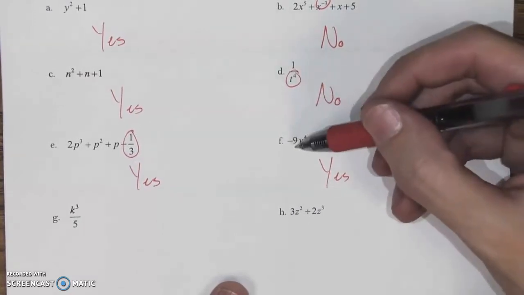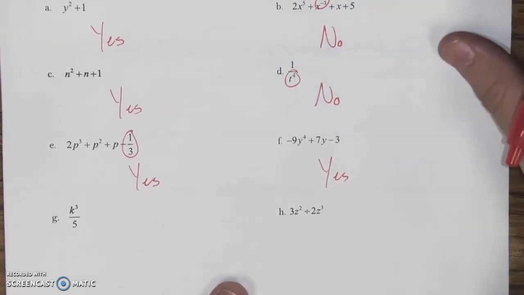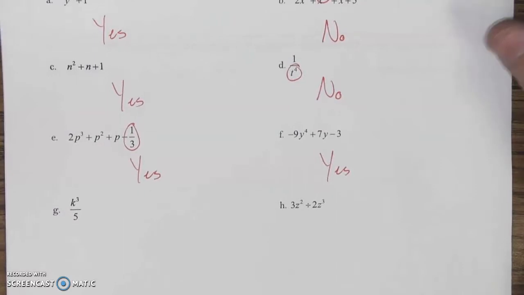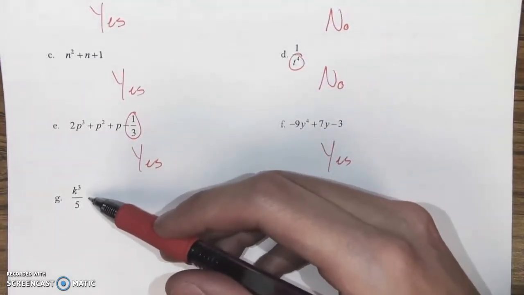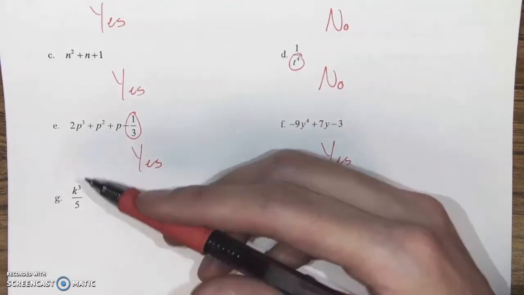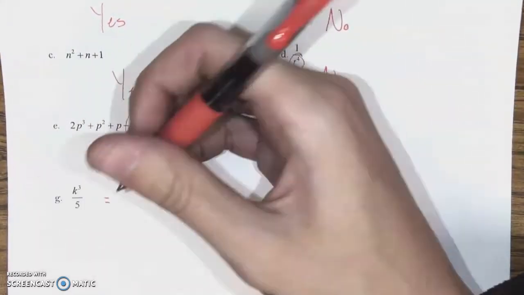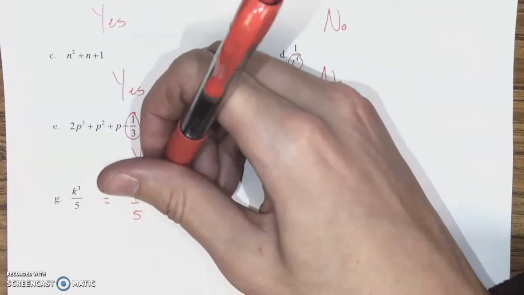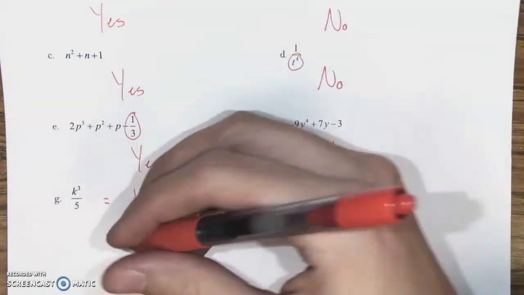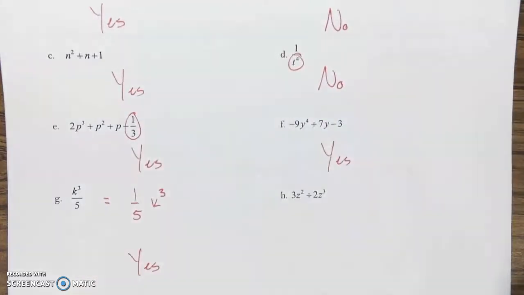The coefficients can be negative, but the powers cannot. Looking at this here, all of our variables are in the numerator. That's fine, and our powers are positive. We can always rewrite this as 1/5 times k to the third. This is a polynomial. This next one here, this is separated by division, so no, this is not a polynomial.